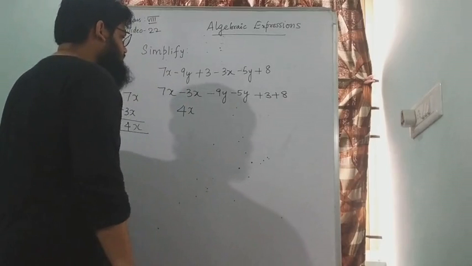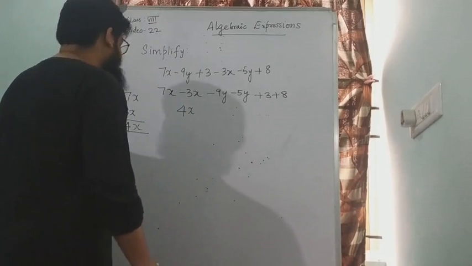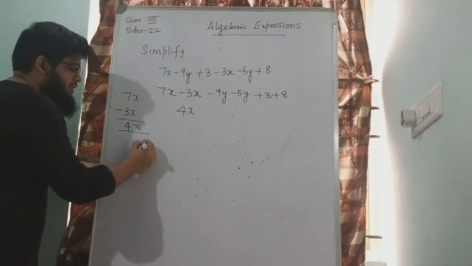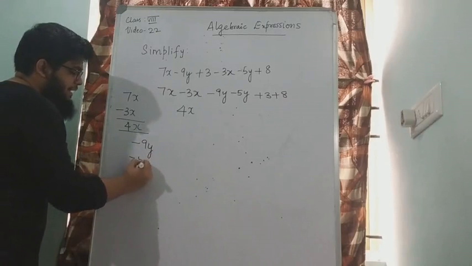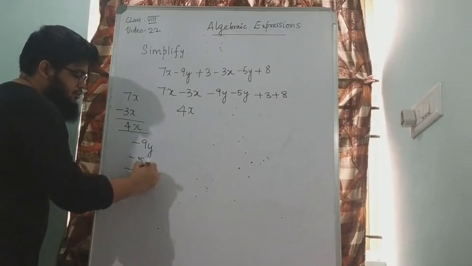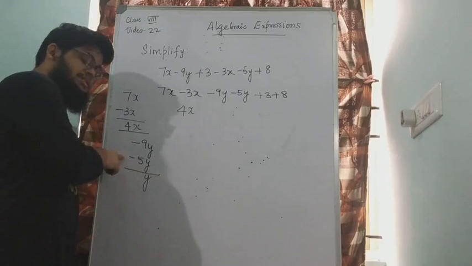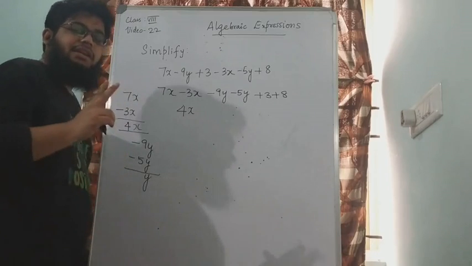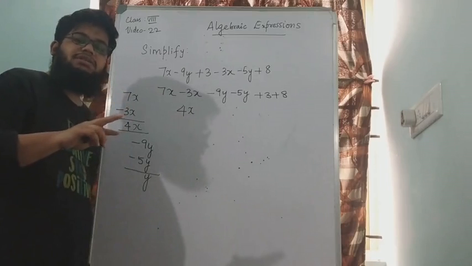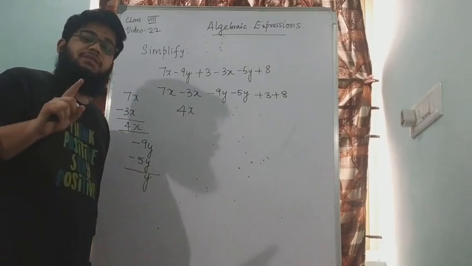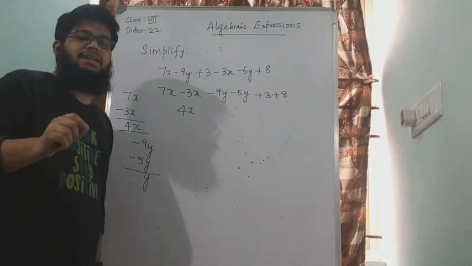Next I have minus 9y and minus 5y. So please concentrate, minus 9y minus 5y. As you know, we keep the variable part as it is. Then minus into minus will be plus. We had learned that whenever we add two negative numbers, the answer will be addition with the sign of the highest number or with the negative sign.